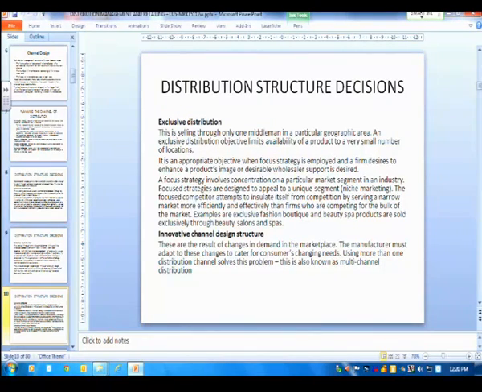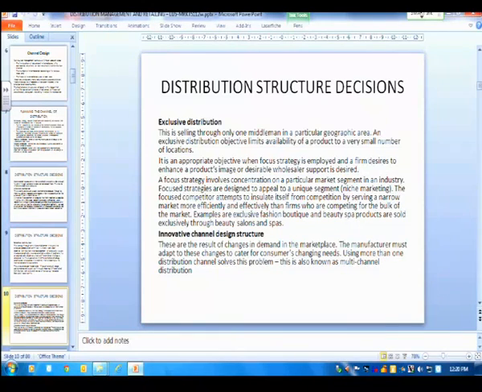It is an appropriate objective when a focus strategy is employed and a firm desires to enhance a product's image or a desirable wholesaler's support is desired. A focus strategy involves concentration on a particular market segment in an industry.